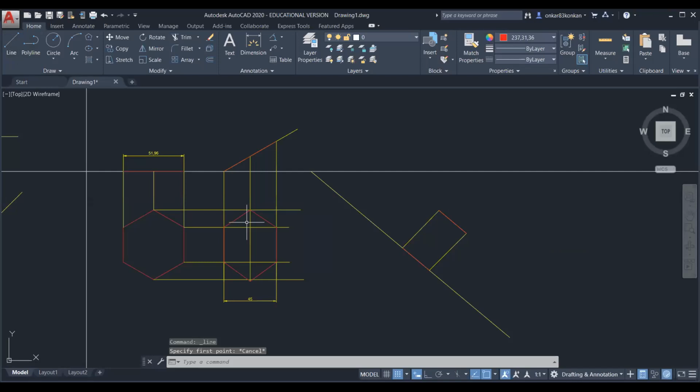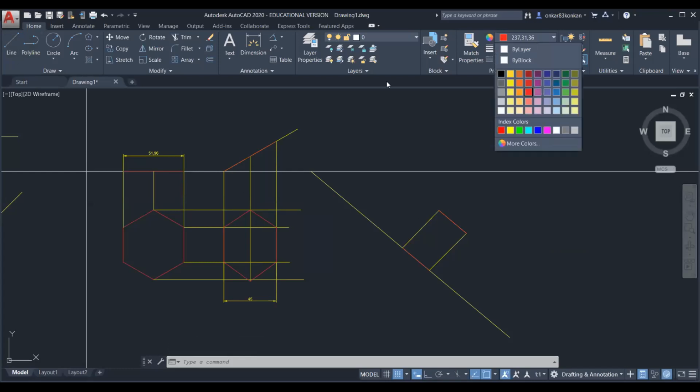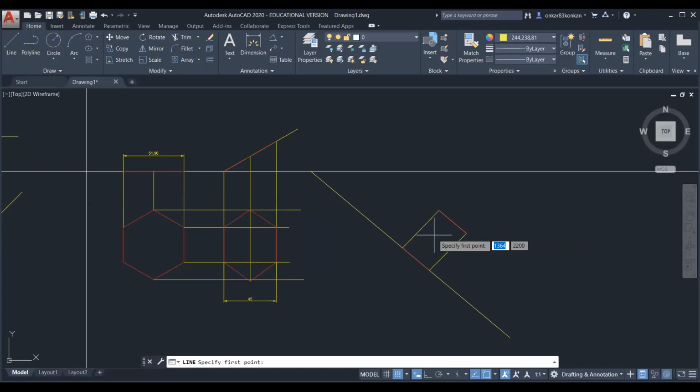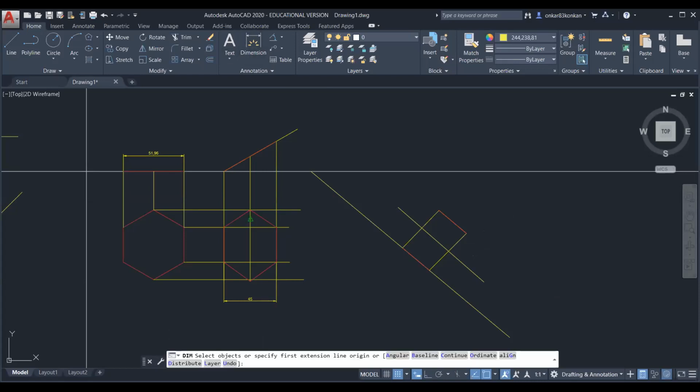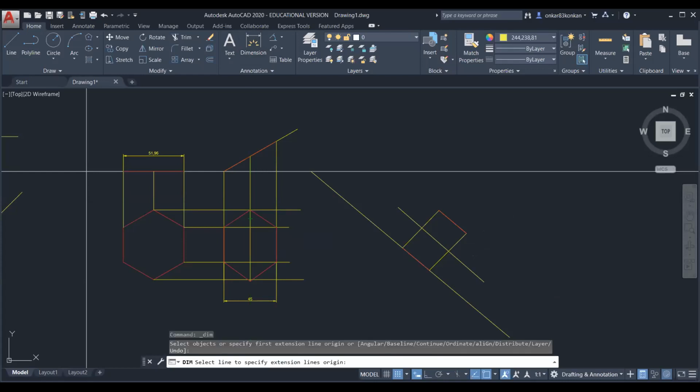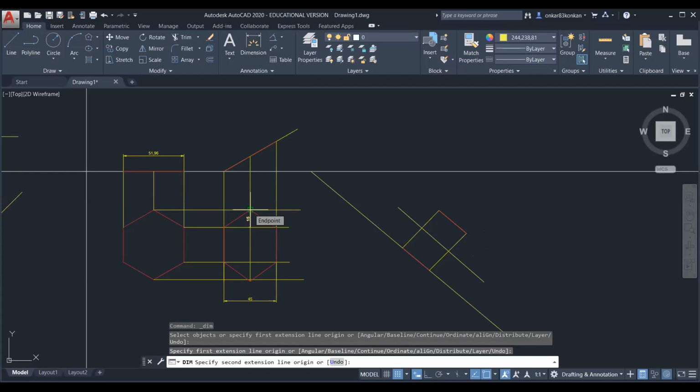Then similarly, take this point. So first draw a center line. And on this line, from this point, just mark this distance. So that distance, you can use the compass or you can measure this. So this is 15 mm.